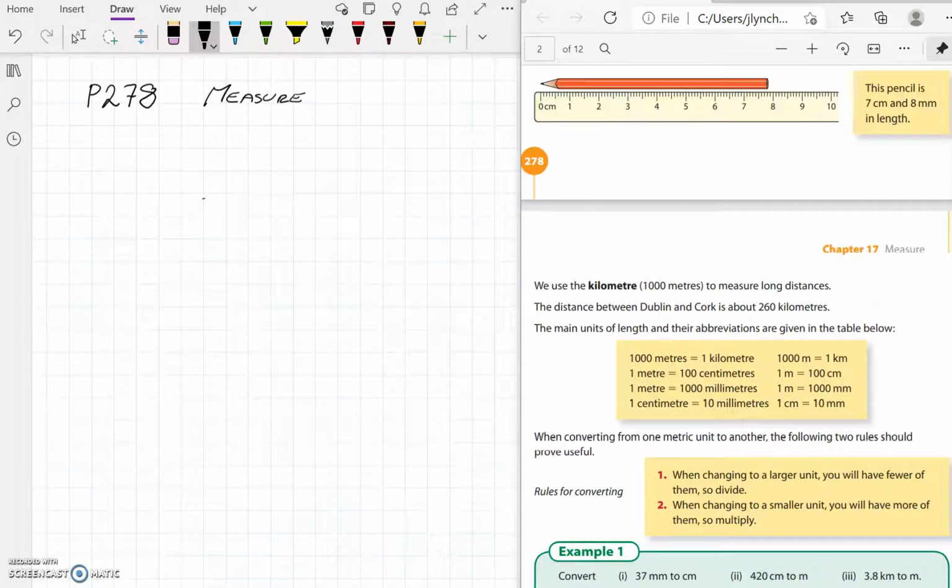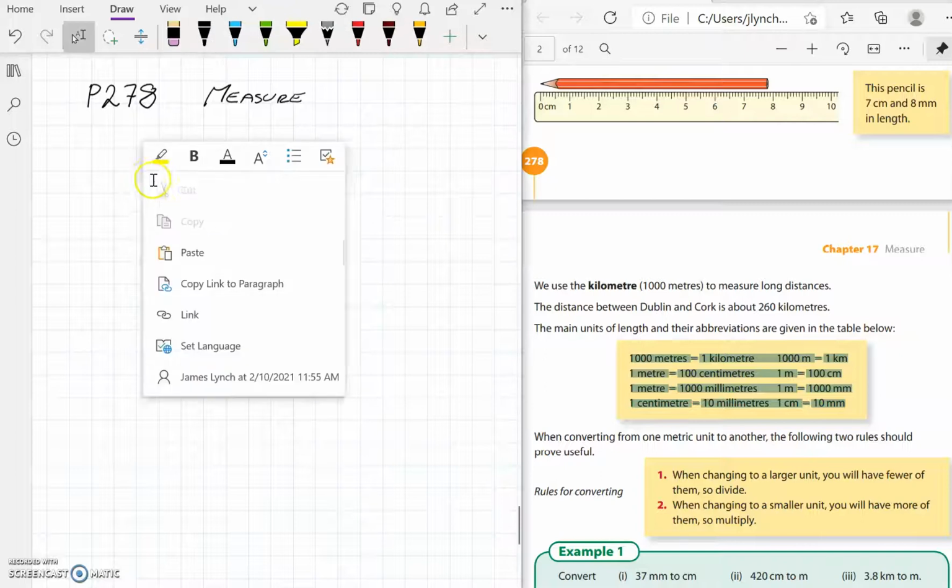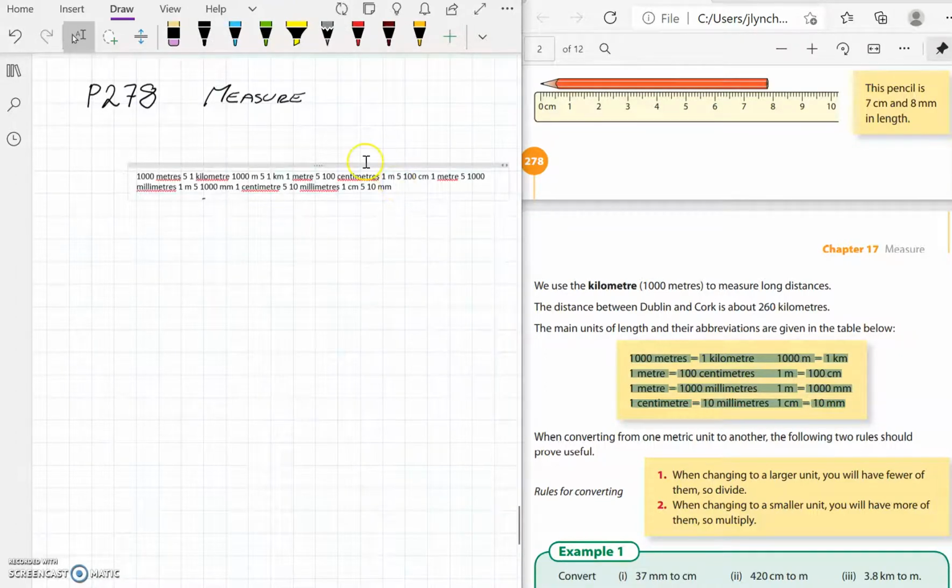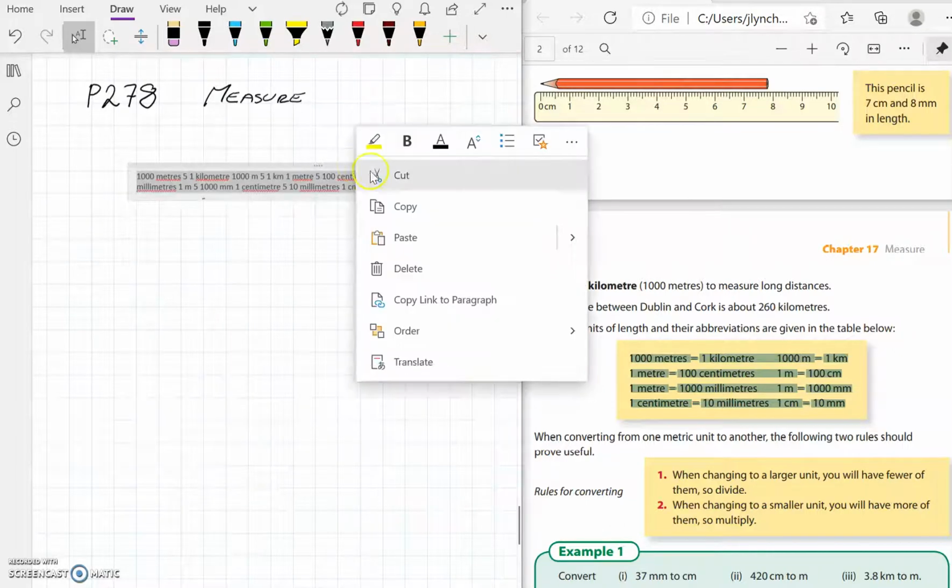So this table here, if I can highlight this for you, hold on there now. Okay, I want you to take that table down into your copy. It didn't paste out right there for me.